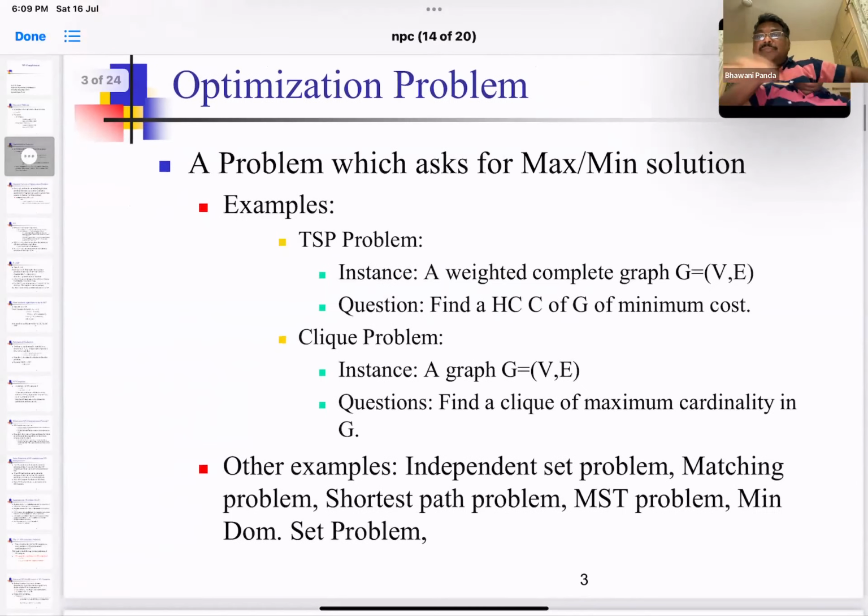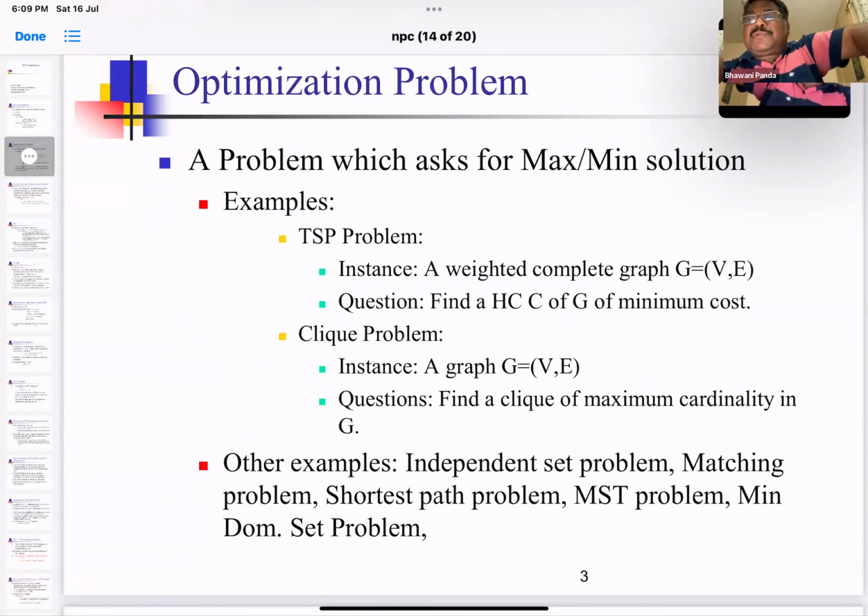There are other problems which are called optimization problems, where you are asked to find a value, and an objective function has to be minimized or maximized. So it is either a maximization problem or a minimization problem. For example, the traveling salesman problem: you are given a weighted complete graph, and you have to find a Hamilton cycle of minimum cost.